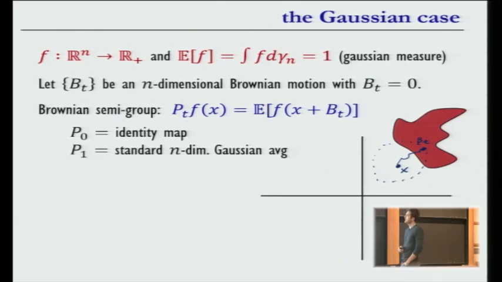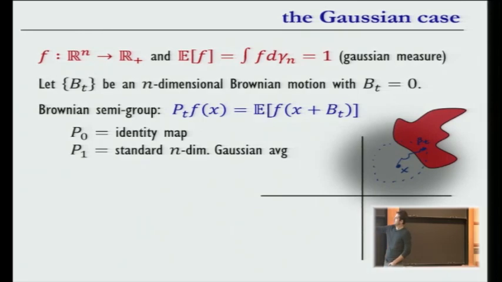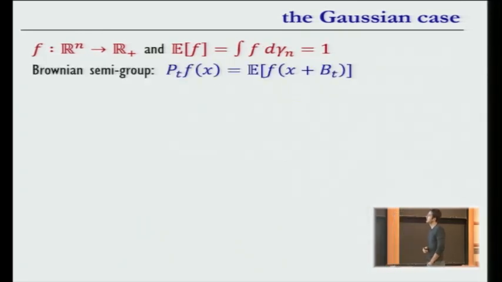This is the correct semigroup in Rn, but it's not compact, so you will not have a stationary measure. But in Gaussian space, you can. We'll see it in a second. This is the Gaussian of variance t here.